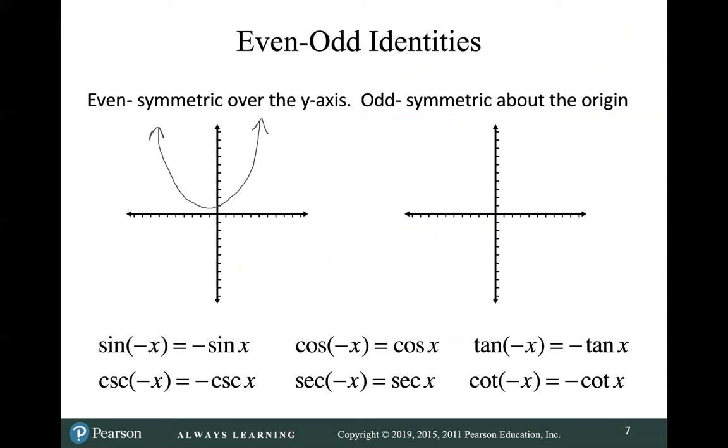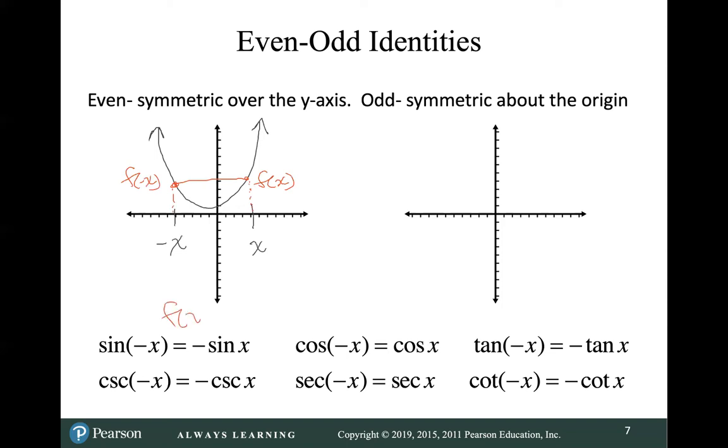Okay, for an even function, if I have x and I have negative x, they have the same f of x value. So f of x, this is the y value for x, and f of negative x are equal.